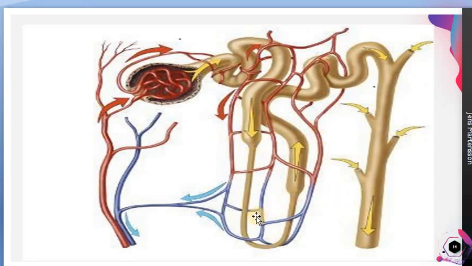Okay, so how is urine being formed? Till now you all have studied that the artery is with pure blood and the vein is with impure blood. And while you are coming to higher classes, you have to change the words that you are saying.